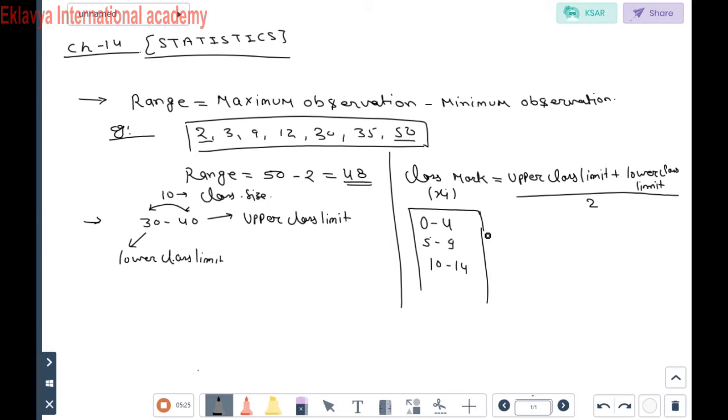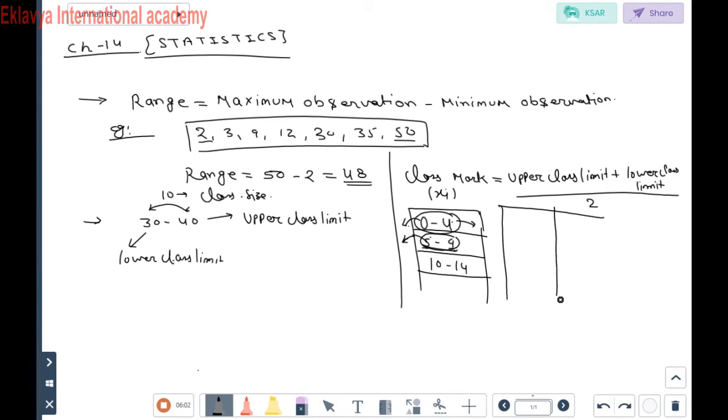In 0 to 4, 0 is also included, 4 is also included, and all values between 0 and 4 are also included. Same way 5 to 9, 5 is also included, values greater than 5 are included, 9 is also included, and values less than 9 are also included.